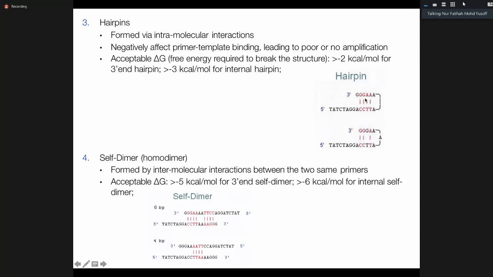Sometimes the hairpin may occur at perhaps the 3rd position of the nucleotide sequence, so perhaps it starts from AAA, for example. That is considered as internal. And here, as you can see, it is at the end of the nucleotide sequence, the first nucleotide from the 3' orientation.